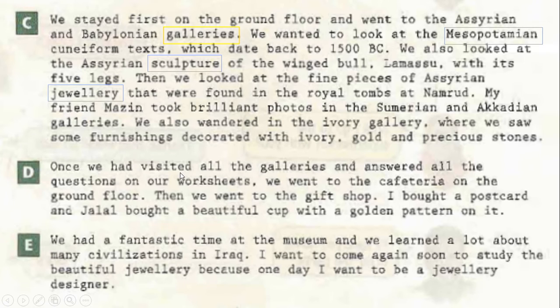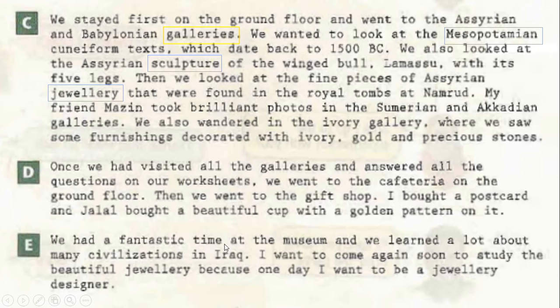Once we had visited all the galleries and answered all the questions on our worksheets, we went to the cafeteria on the ground floor. Then we went to the gift shop. I bought a postcard and Jalal bought a beautiful cup with a golden pattern on it.